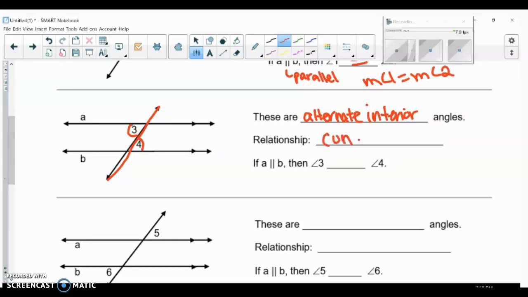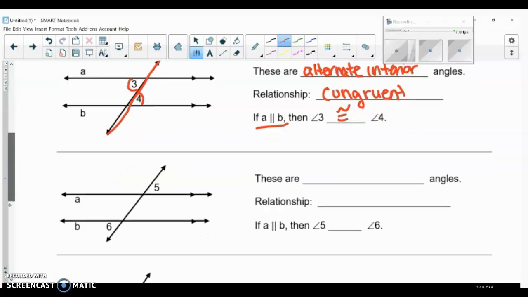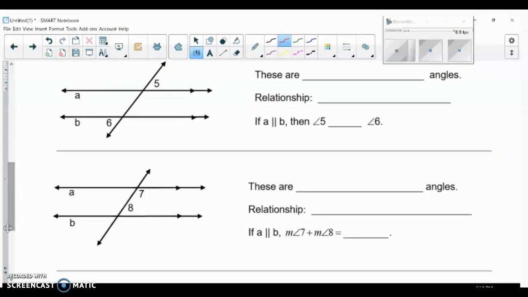That's probably what I'll do most often in class. But we'll just write it out for now. And these are also congruent. The way that you can think about this is that angle 4 is a vertical angle to the one corresponding to angle 3.